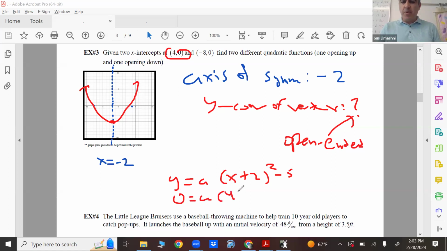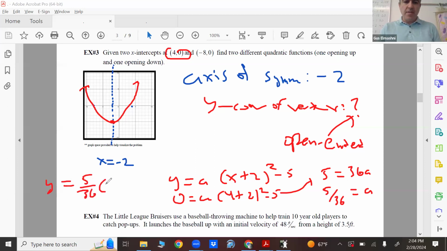You can use either x-intercept, your choice. If you do that, 5 equals 36a. A is 5 out of 36. So your equation is y equals 5 out of 36 (x plus 2) squared minus 5.